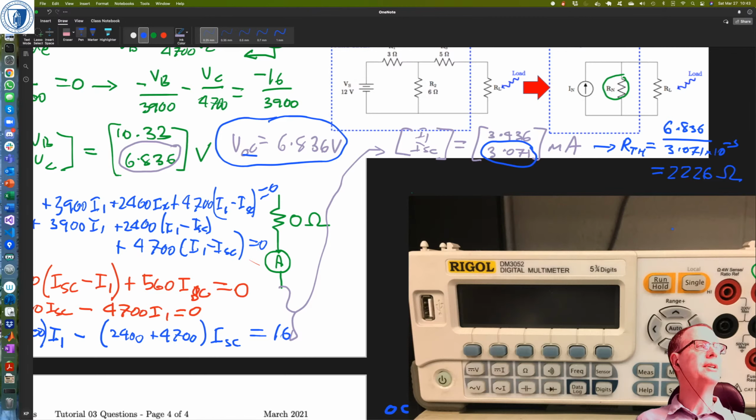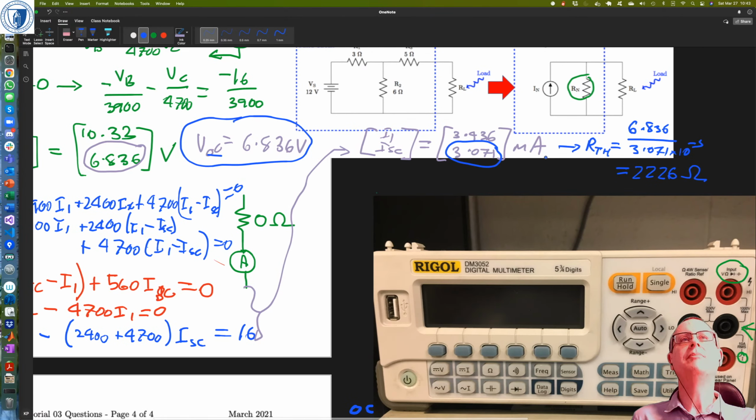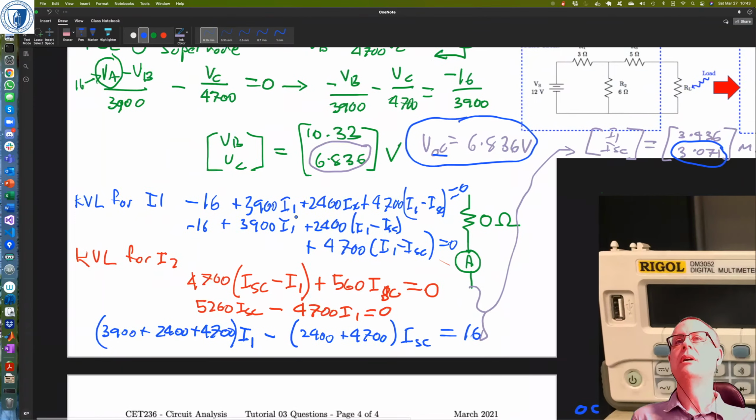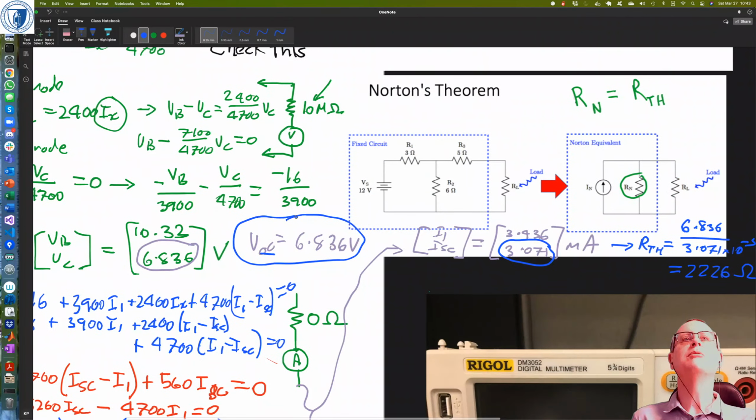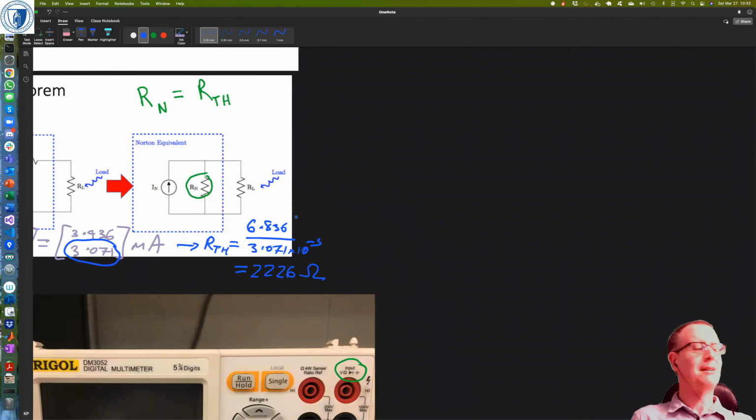So now we have all the information. One thing I'd like you to do when you have these questions is to write down the answer. Where have I got some room? I might have to go all the way over here. Right, write down the answer like this.